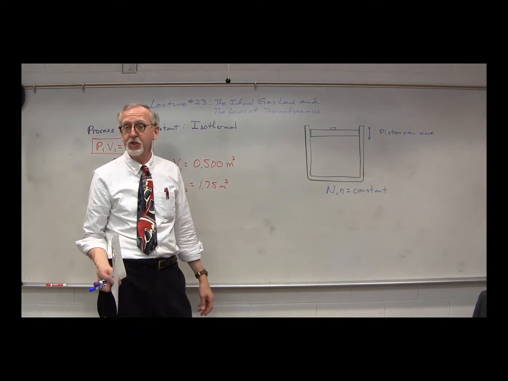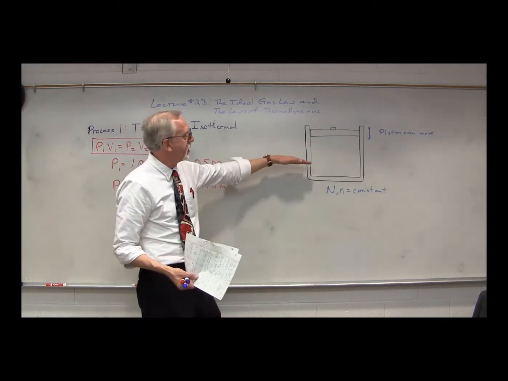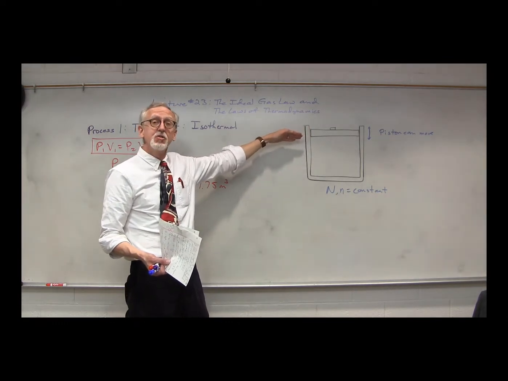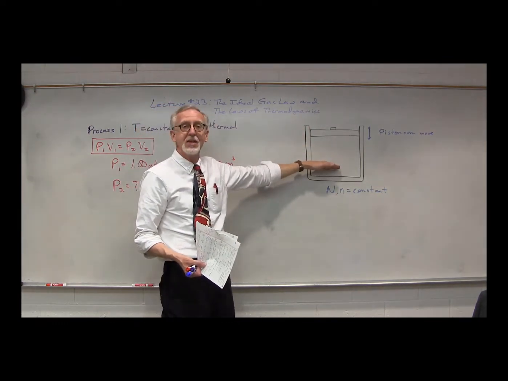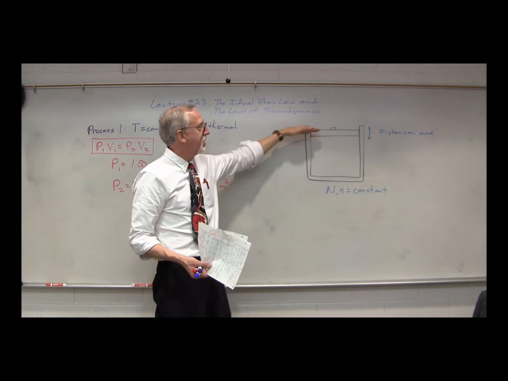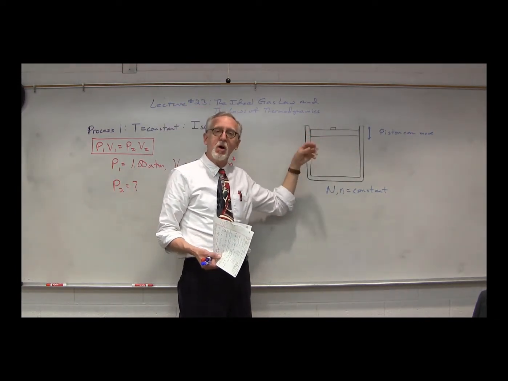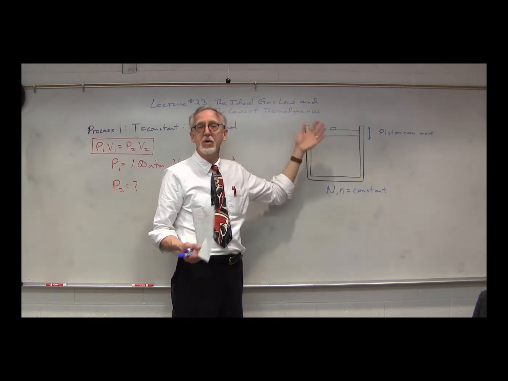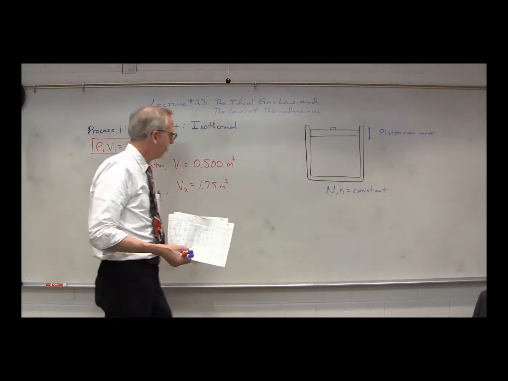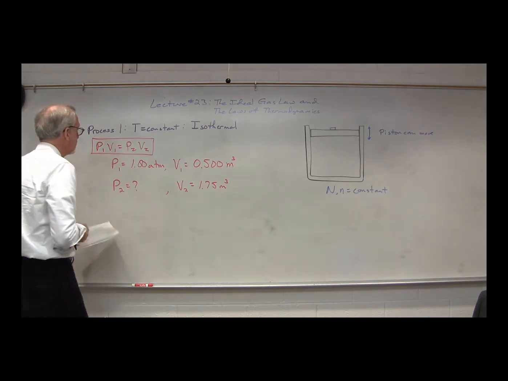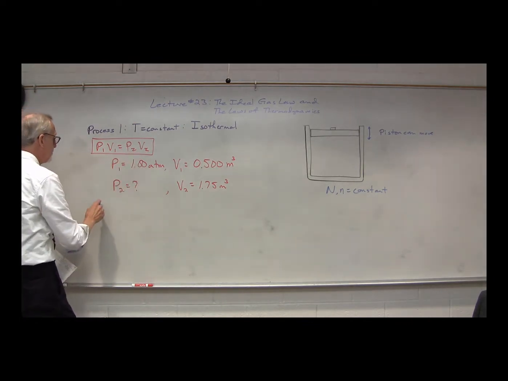What would we expect to happen to the pressure? Would we expect the pressure to get larger or smaller? Well, if we increase the volume, we would expect the pressure to get smaller. If the temperature of the gas is a constant and we have a larger volume, we would expect fewer interactions with the walls, fewer bounces off the walls. We would expect the pressure to decrease. So let's just see if that's what happens. We expect a lower pressure. So in this case, what's P2? Well, we can solve for P2.